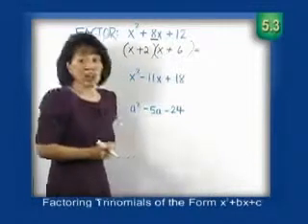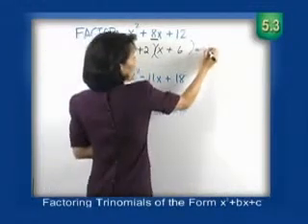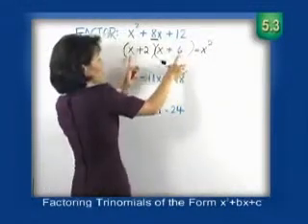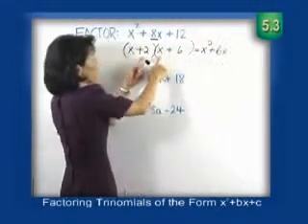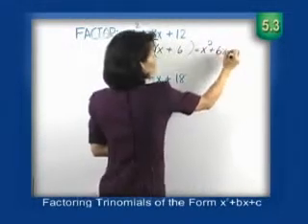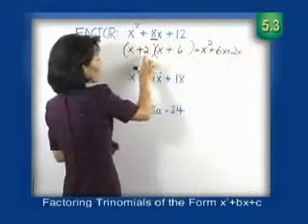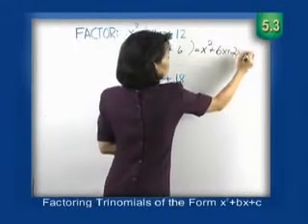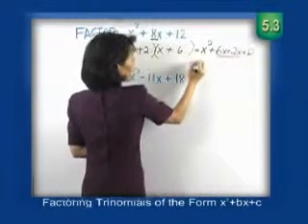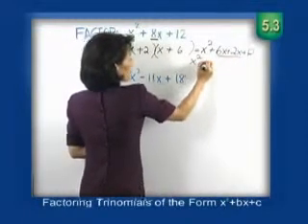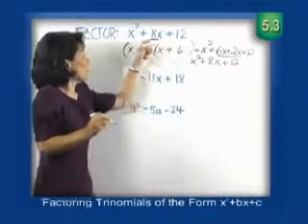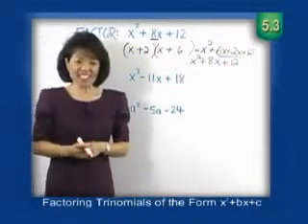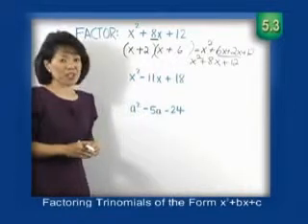Remember FOIL: first, x squared; outside, 6x; inside, 2x; and last, 12. Add like terms in the middle here. We get x squared plus 8x plus 12, which is where we started. So we factored correctly. Let's try a second problem.